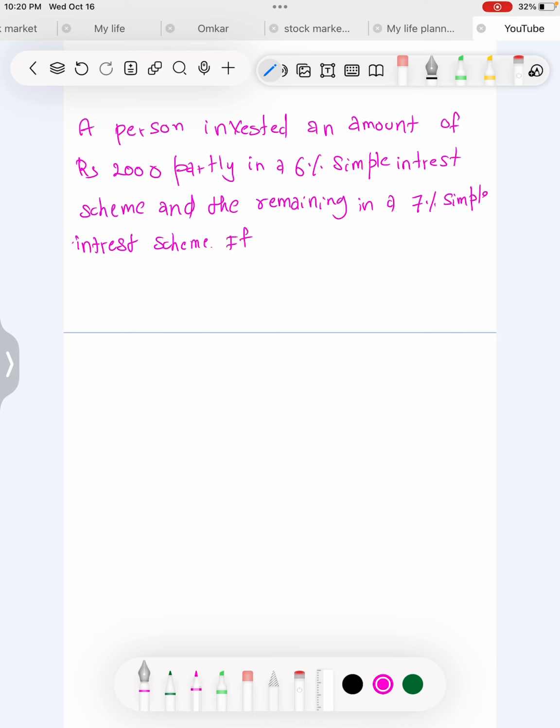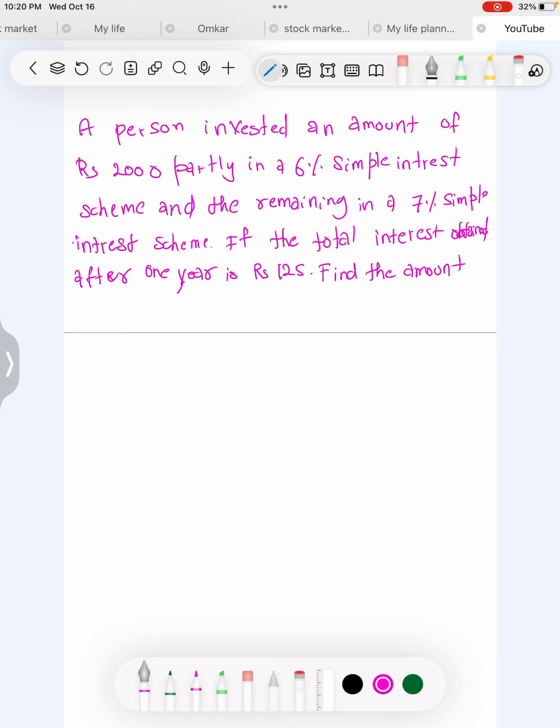If the total interest obtained after 1 year is 125, find the amount that is invested in a 6% simple interest scheme. Okay, so now let us see.